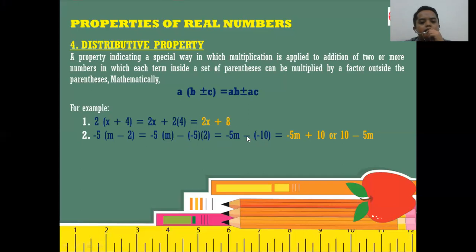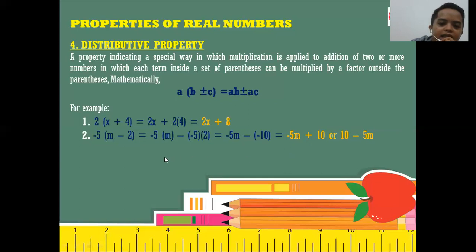Then minus, so simplifying further, subtraction becomes positive here, so negative 5m plus 10. Or we can write it like this, 10 minus 5m. That is just the same.